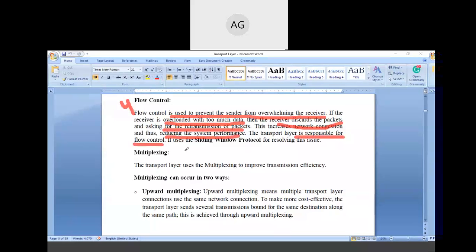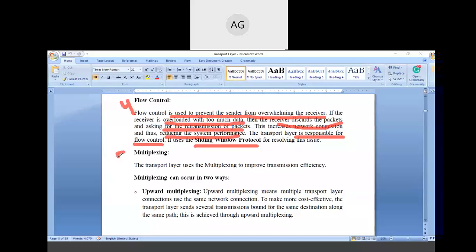It means it synchronizes the sender and receiver for sending and receiving the data. This concept is known as flow control. It uses the sliding window protocol for resolving the flow control issue between the sender and the receiver. We will discuss this sliding window protocol in the later lectures of this unit.